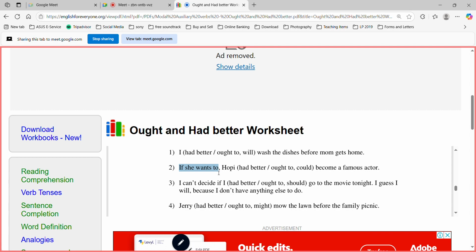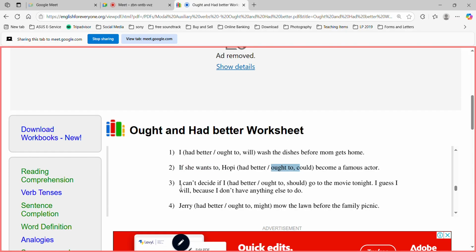He wants to follow his father's footsteps, right? So if she wants to, kalau dia nak, Hopi ought to become a famous actor. She wants to become a famous actor, right? So ought to. Good.